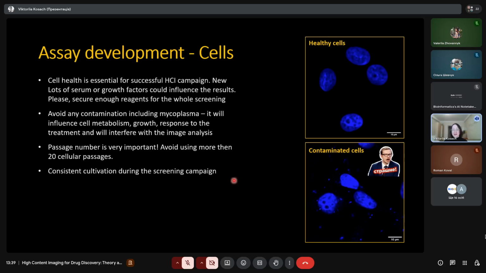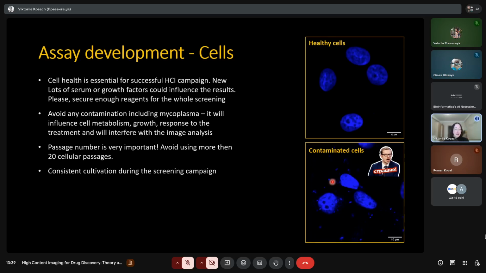And moreover, as you can see here, mycoplasma is very visible on the images during high content imaging, and this mycoplasma staining will actually influence image analysis, so there will be artifacts in your image analysis.